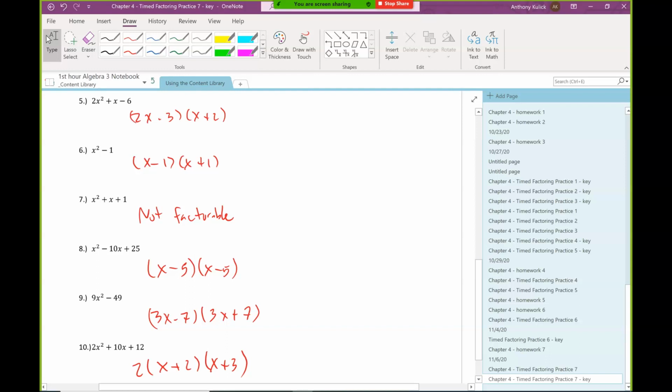Okay, has everybody had a chance to check theirs? We're good? Okay, correctness check. At least one correct. At least 2, 3, 4, 5, 6, 7, 8, 9, 10. Good.